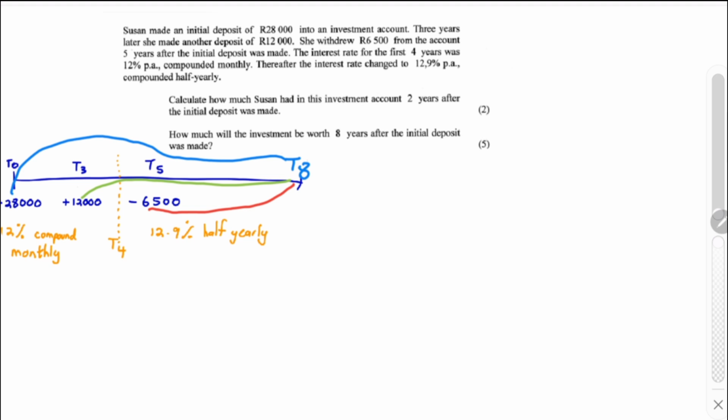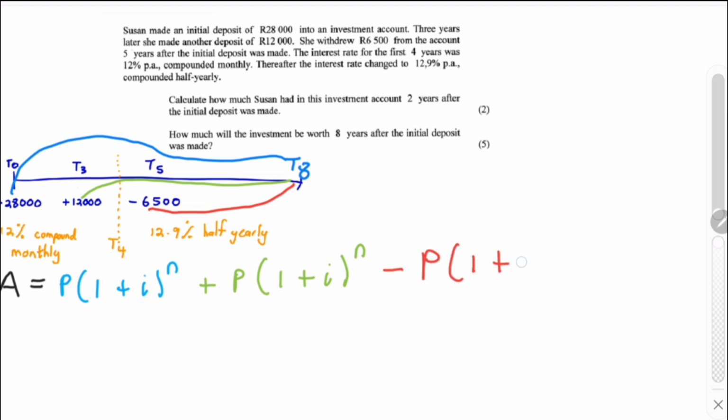So here, the total accumulated amount will be the first amount plus the 12,000 minus the 6,500 rands. So this is how we will set up our equation.